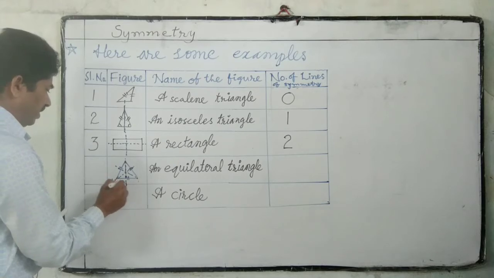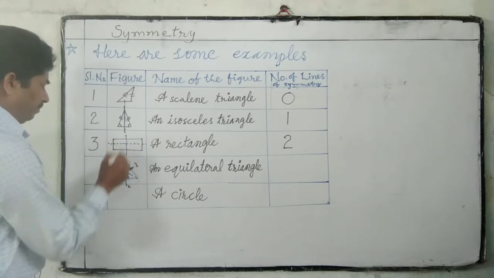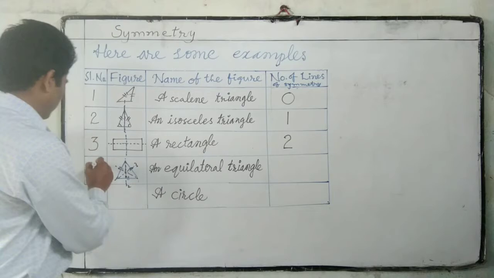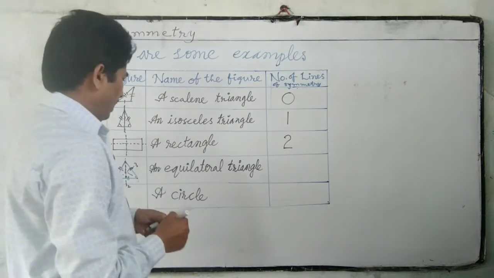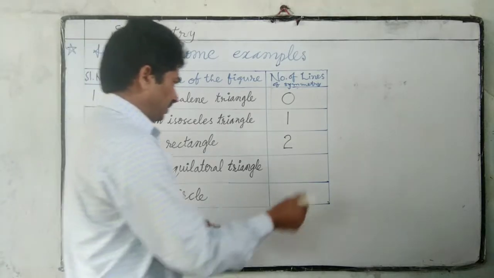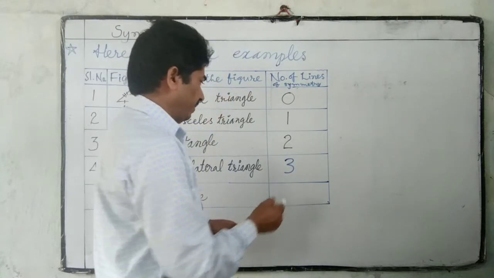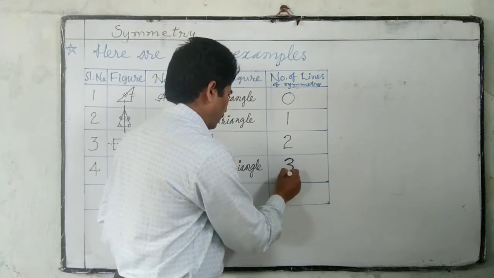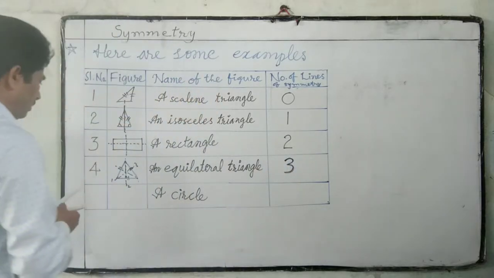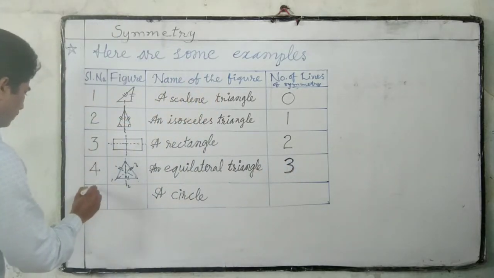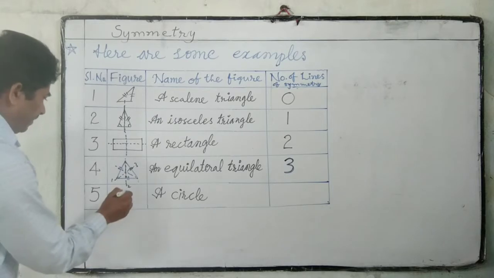It has 1, 2, 3. An equilateral triangle has three lines of symmetry. Circle.